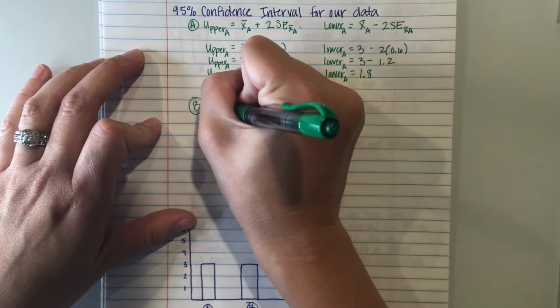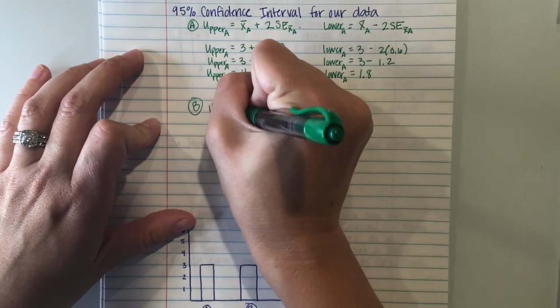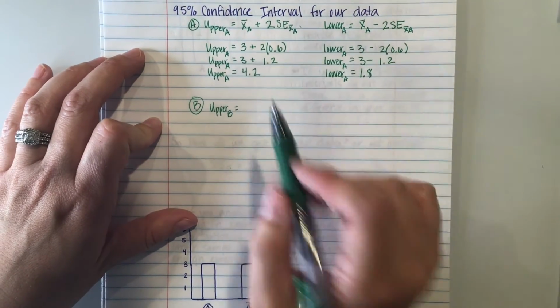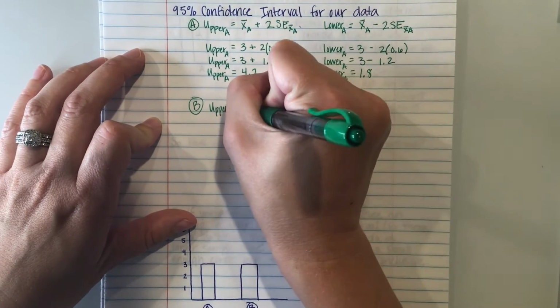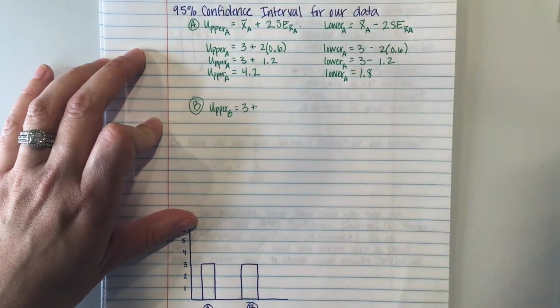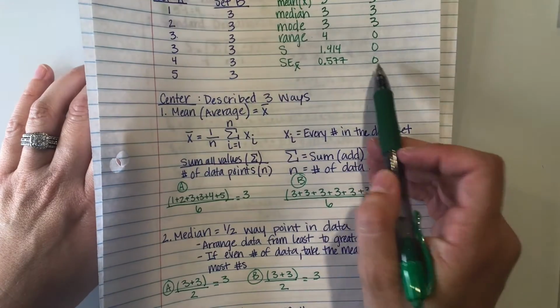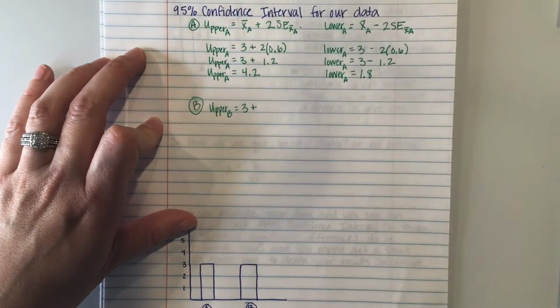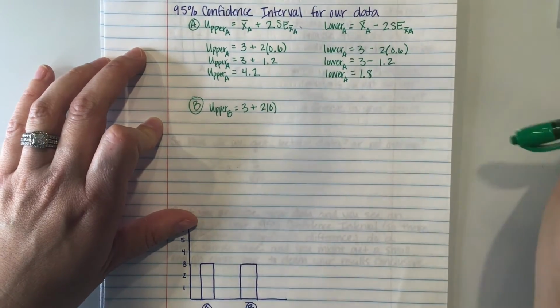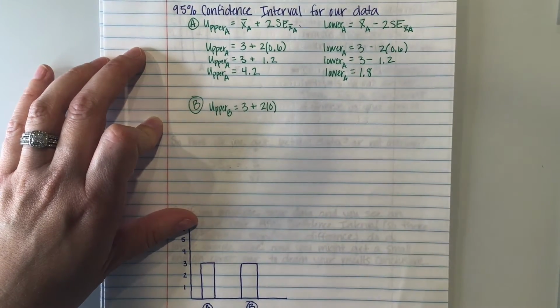My upper for B is going to be what my mean value was, which was 3 plus, and then my standard error of the mean, I don't know if you remember, but it was 0. So it's going to be plus 2 times 0, right?